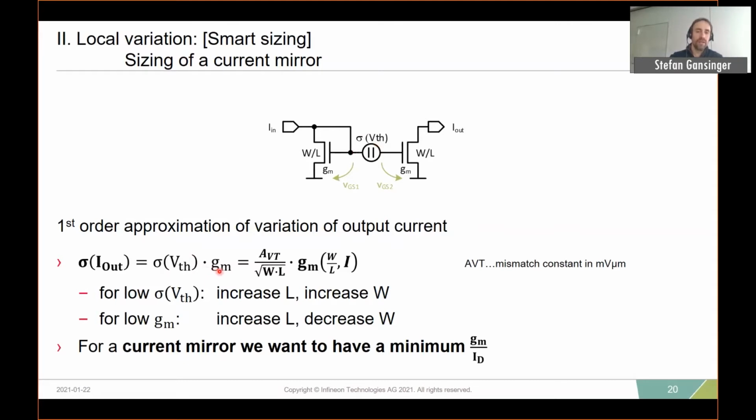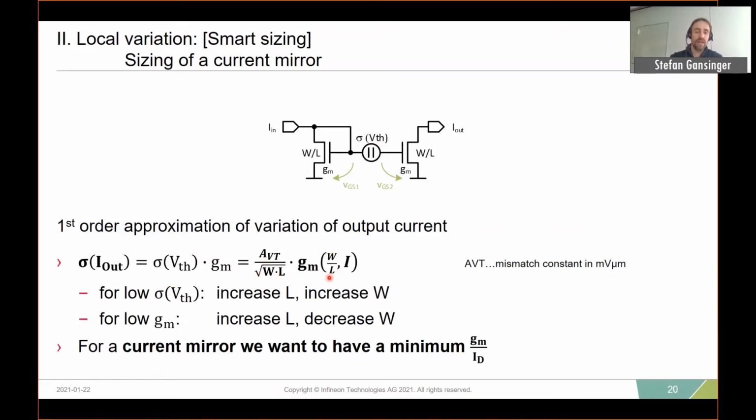And you already know that this parameter, but also Gm, depend on the sizing of the transistor. We can write this again here. So the sigma of the threshold mismatch is the process constant divided by the square root of the area, and Gm depends on the width divided by the length.